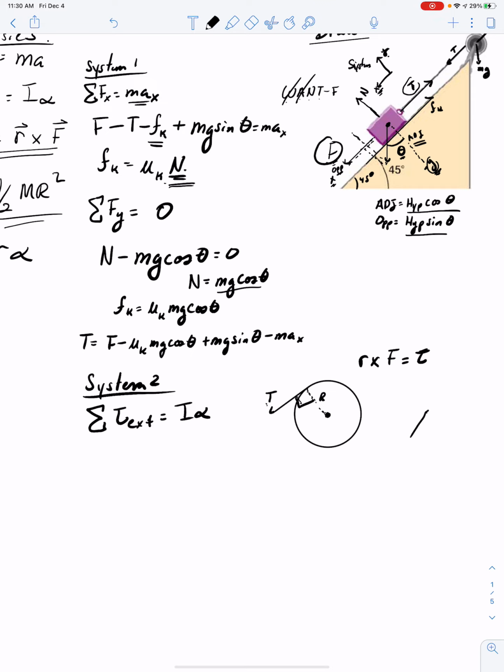If it was at an angle, and not tangential, then you would have to consider the angle here, and you would go R F sine of theta to analyze the torque. But in this problem, since it's tangential, let me explain again. Tangential is when it's touching the outer edge of a circle or a curve.